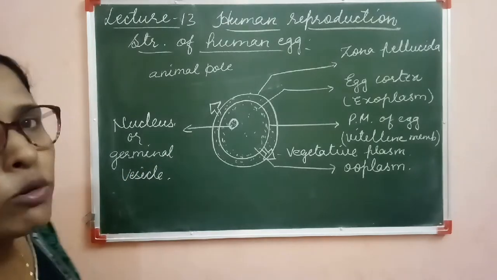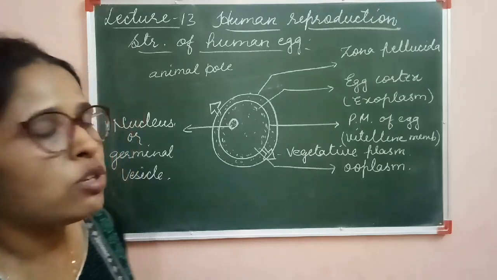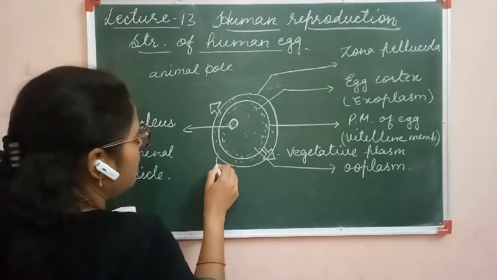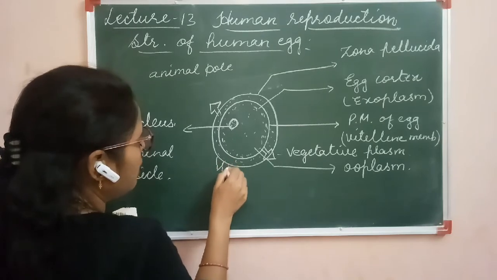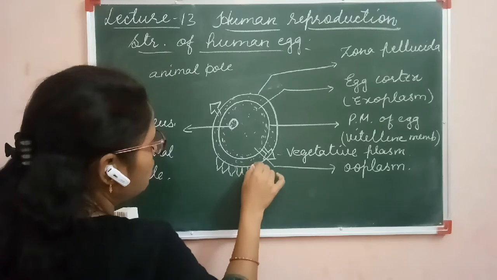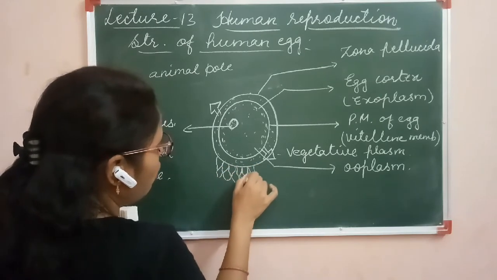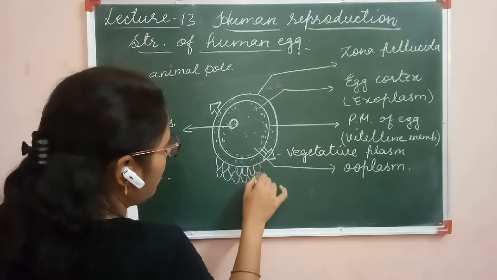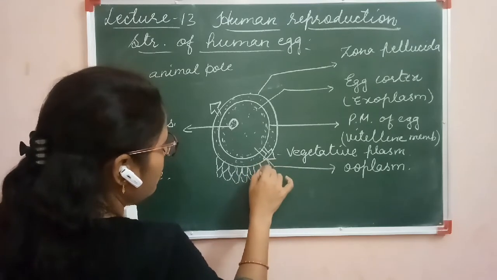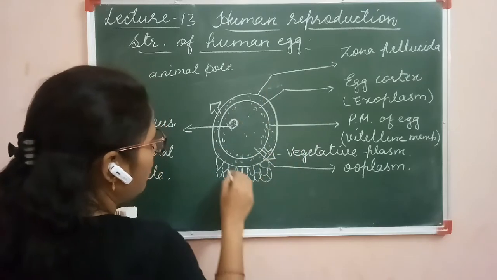Outside of the zona pellucida, one radially arranged celled membrane is also present. Here, one membrane is present in which the cells are radially arranged. I am drawing it at one side only, and this is present on all sides of the egg.